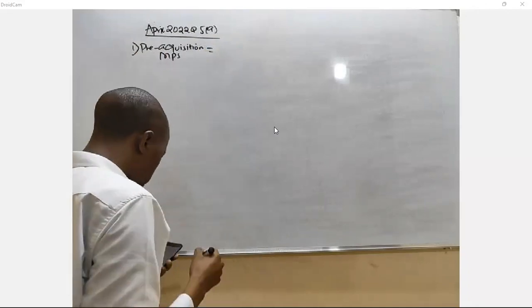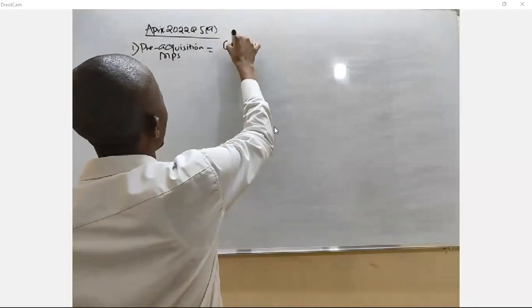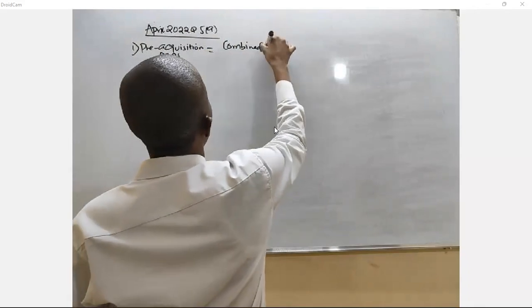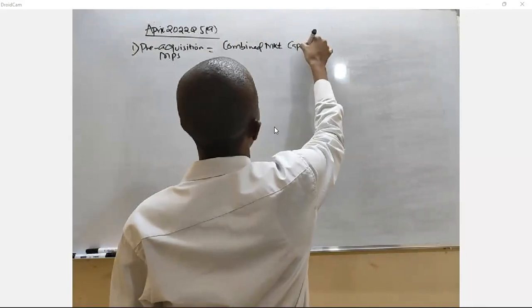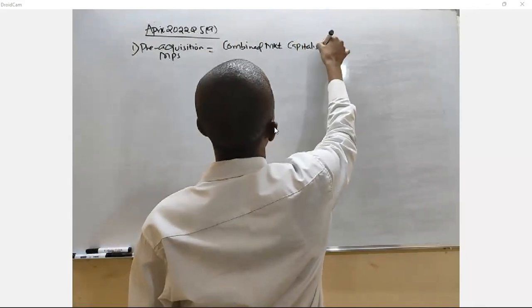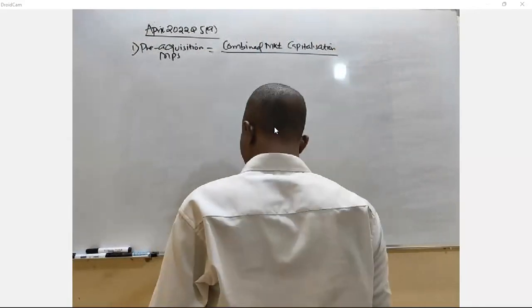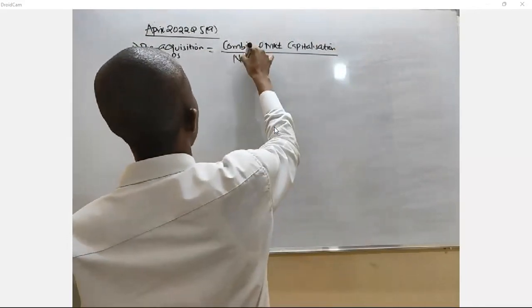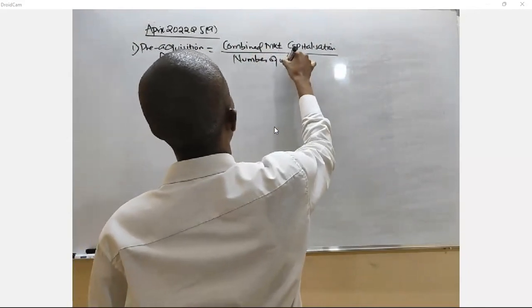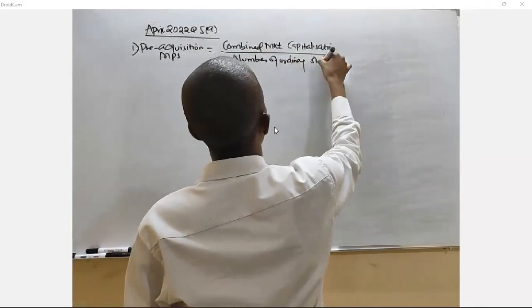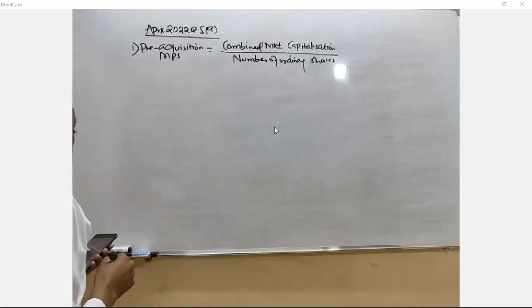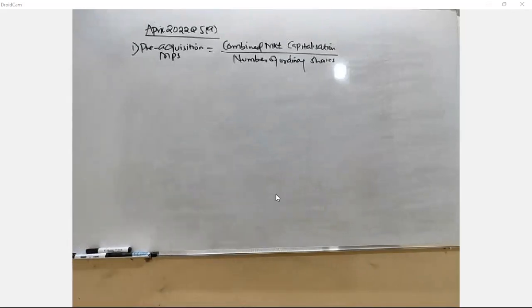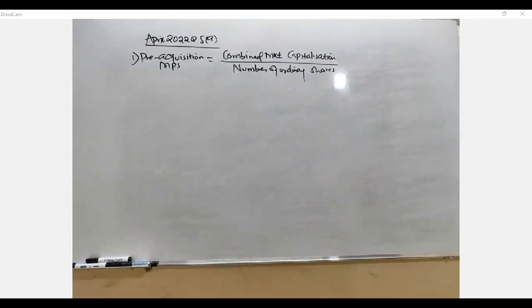For number 1, in our case here, we take the combined market capitalization and divide by the number of ordinary shares. So in this case, the pre-acquisition, let me check here from your question.